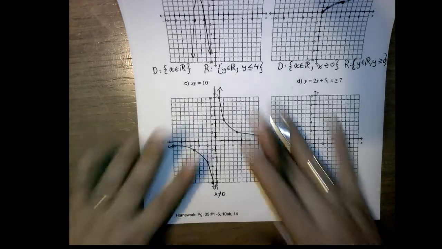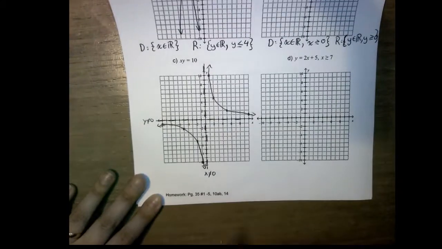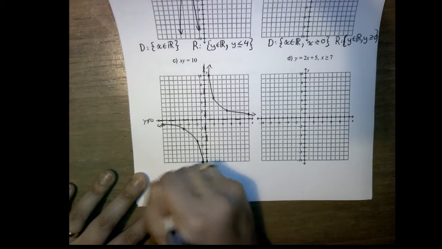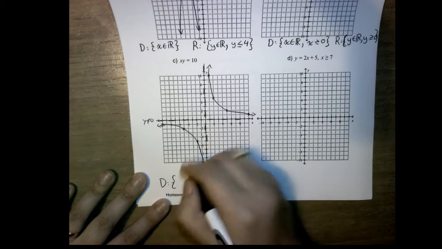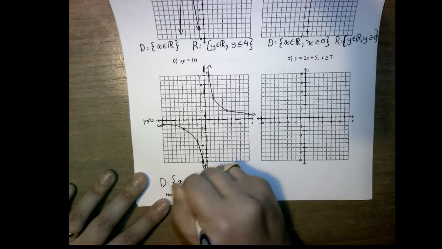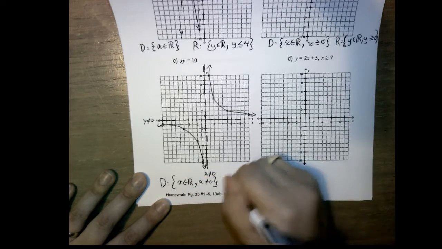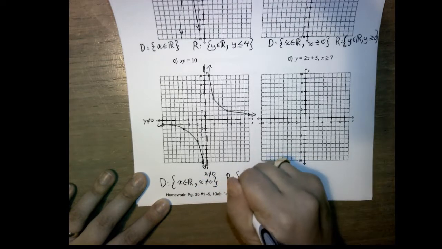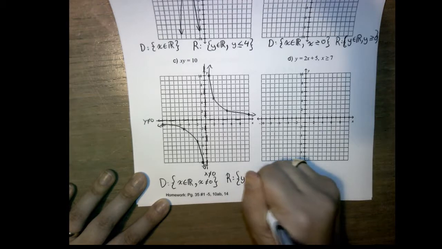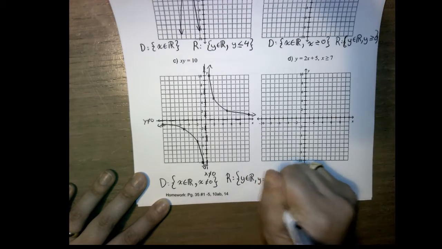So when I'm looking at it, it looks like x can pretty much be any number, but it cannot be 0. So when I'm writing that as my domain, I have x as part of all real numbers, but it can't be 0. And similarly, y can be part of all real numbers, but it can't be 0.